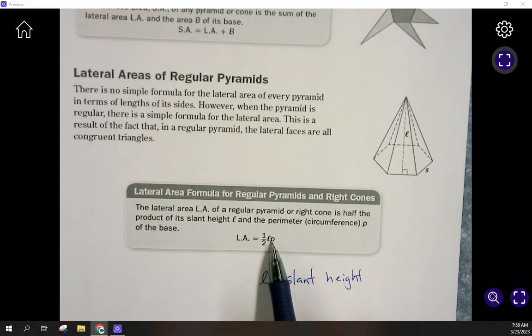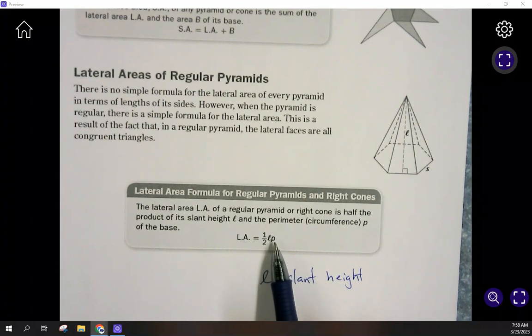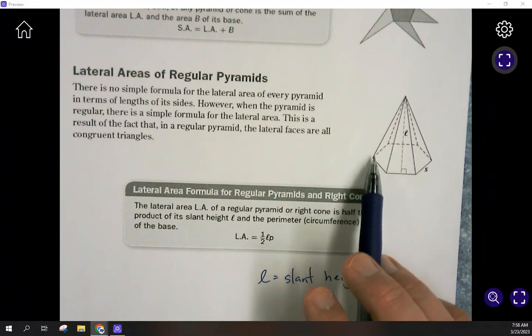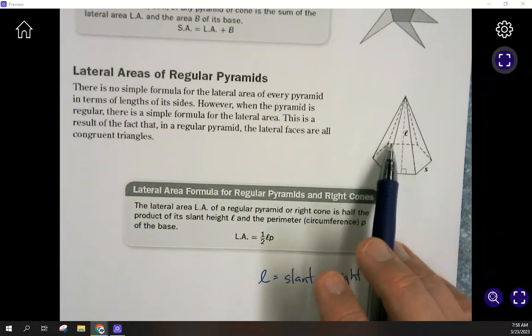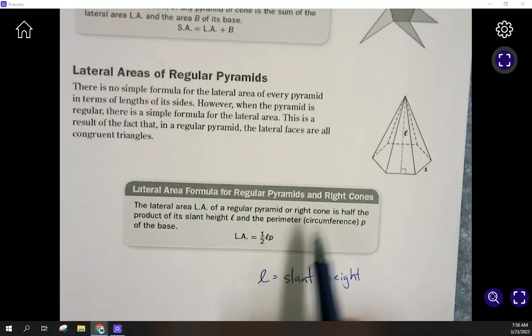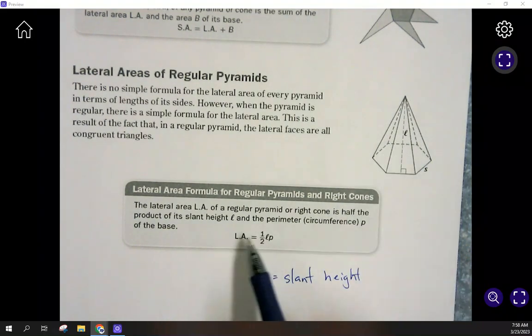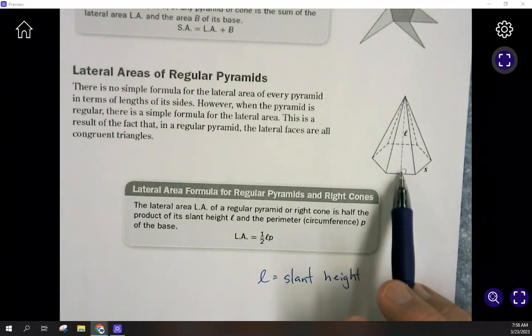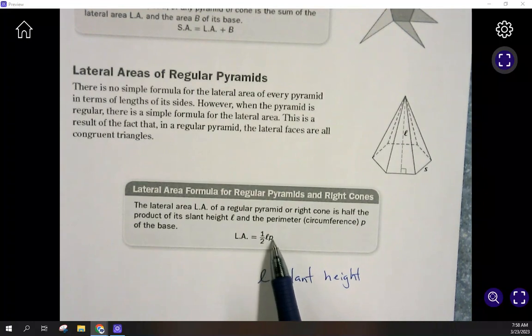That could be circumference, right? If we're dealing with a cone, the perimeter of a cone is the circumference. Those two words are synonymous here. So I would add up all the sides of the base here for perimeter, times it by the slant height, and take half. Think about where that comes from. The area of a single triangle is 1/2 base times height. And that's basically what we've got here.